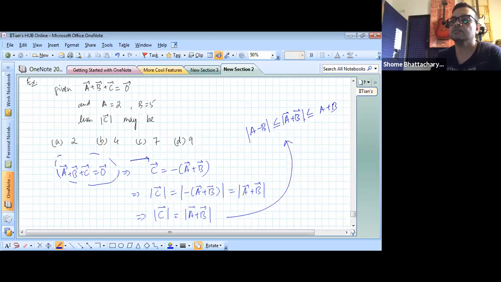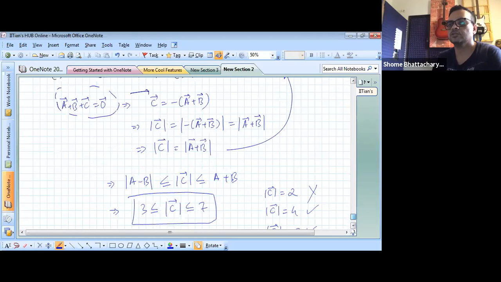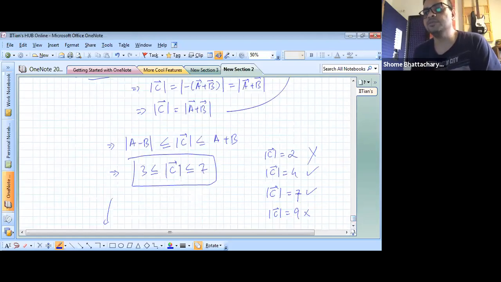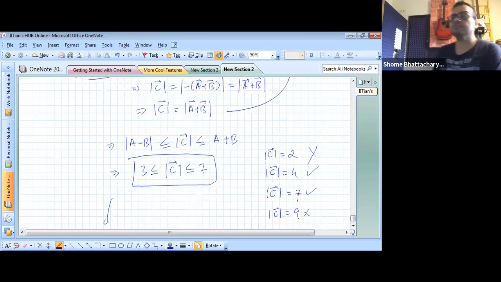So here, A plus B cannot exceed 5 and 2's sum, which is 7, or go below 5 and 2's difference, which is 3. So this lower limit is 3, the upper limit is 7. Now the same thing can be said about C. So C cannot be less than 3, and similarly it cannot be greater than 7. So out of the given options, you can see it cannot be 2, it cannot be 9, but it can be 4, it can be 7.